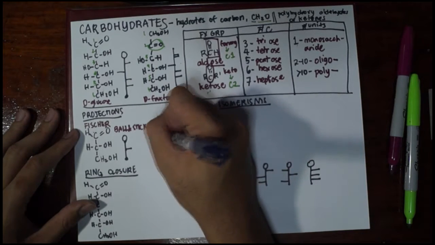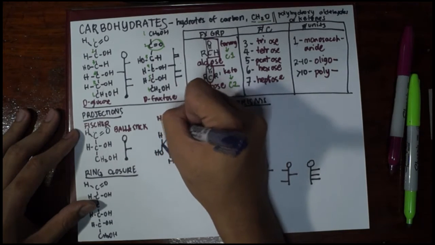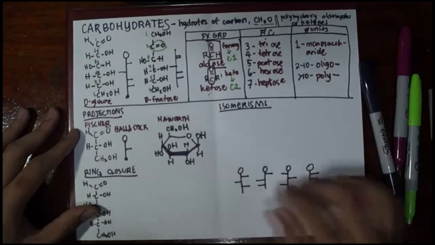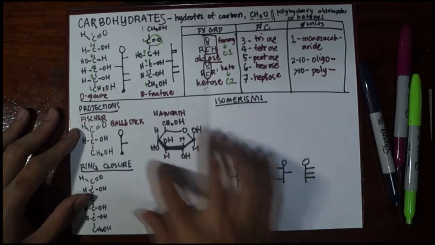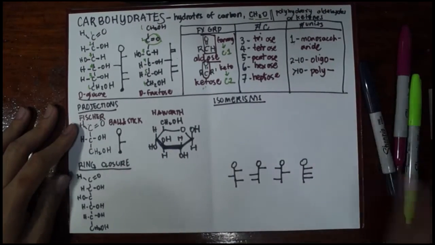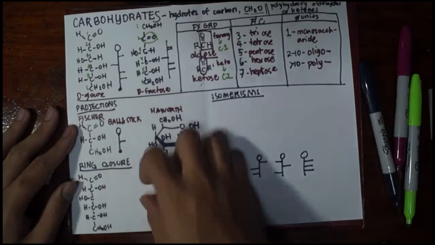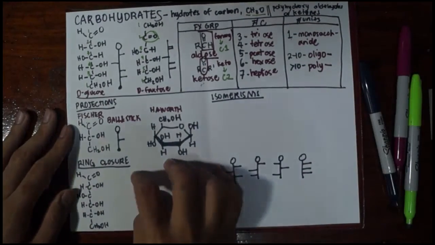This would take a little time explaining, but I'll explain it, of course. So, how did we get this? You may be asking, why do carbohydrates exist in the ring structure? Well, in aqueous solution, the linear form of the carbohydrate would actually convert to the ring form.